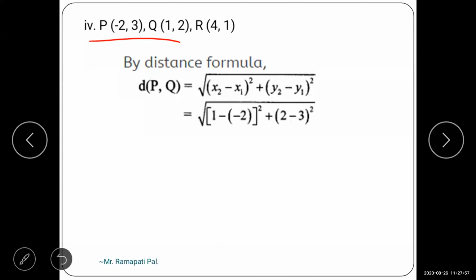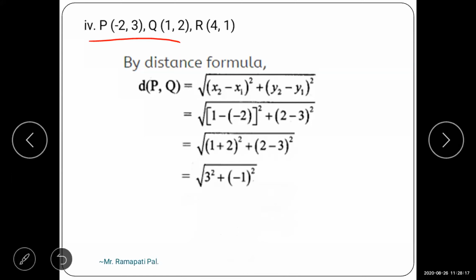As we know that minus minus will become plus, so it becomes under root 1 plus 2 whole square plus 2 minus 3 whole square. 1 plus 2 is 3, 3 square is 9, and 2 minus 3 is minus 1, whole square.